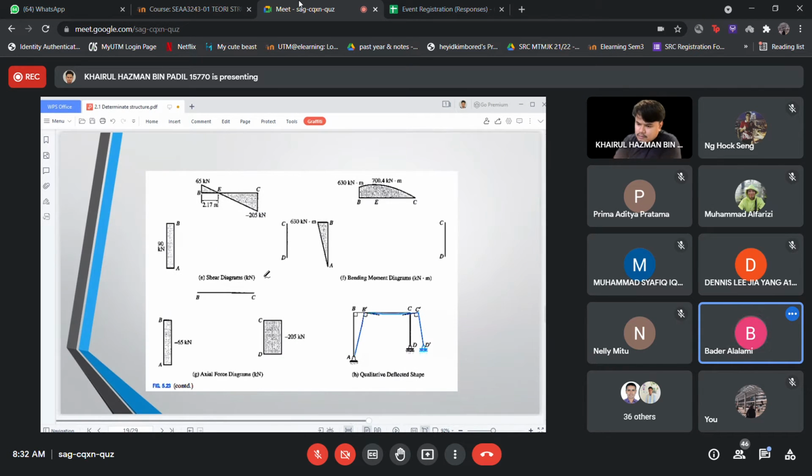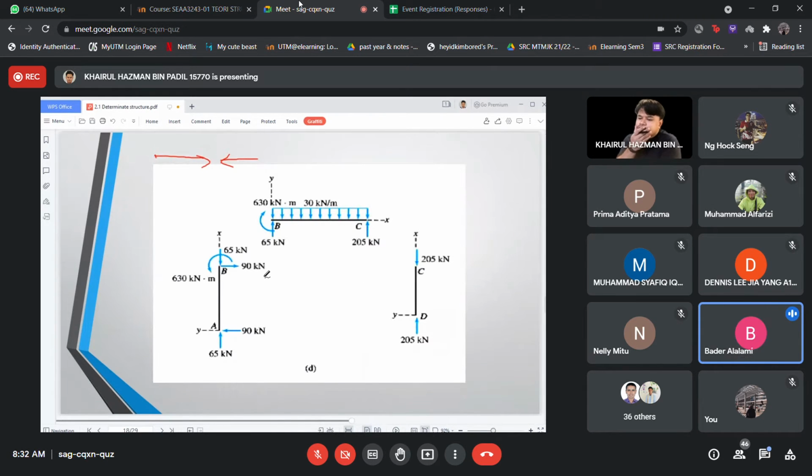So after that, shouldn't the 90 kilonewton go, or we should add it to the other member? It is already balanced out by these forces here. But for example, the 65 kilonewton was also balanced, but we still added it to the other member.